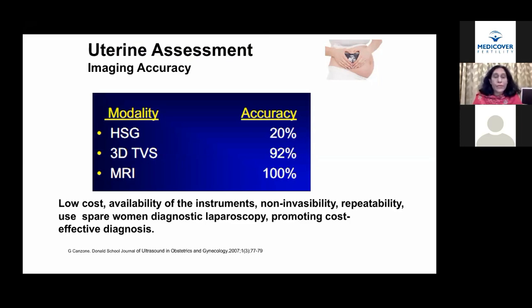If we use the three-dimensional TVS, the sensitivity increases to 92%. With MRI, it is 100%. So the good thing is, with the help of these imagings, we can detect these abnormalities and avoid diagnostic laparoscopy and hysteroscopy, which is an invasive operative procedure.